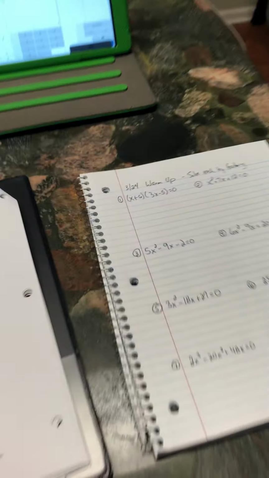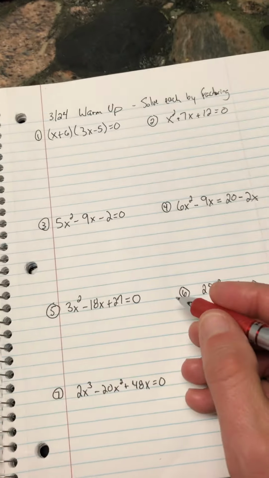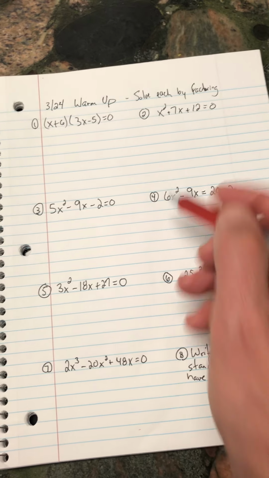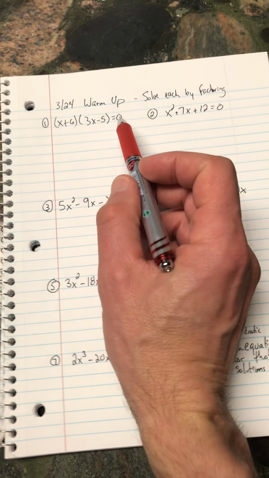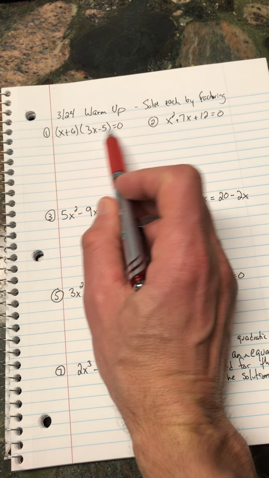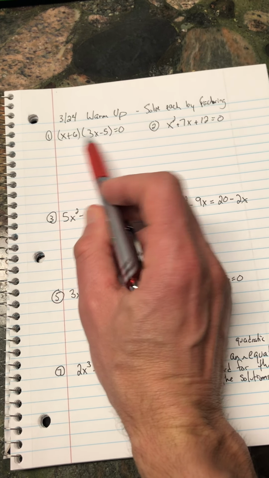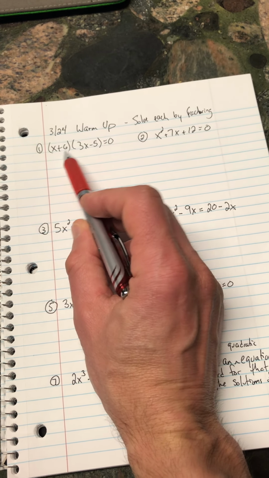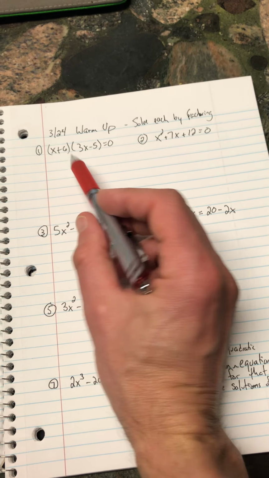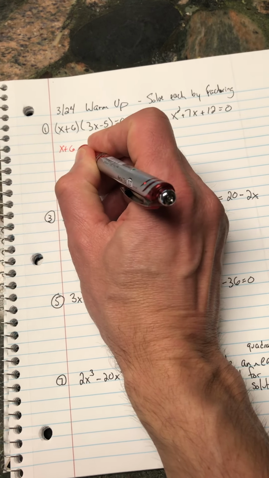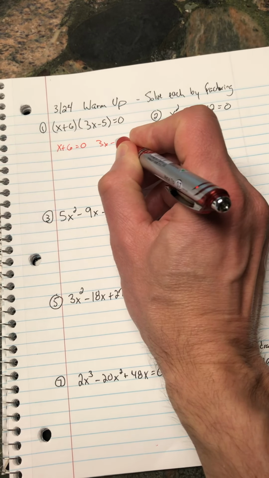Looking at the warm-up today. Yesterday we talked about solving quadratics by factoring. Basically, we got to get this equal to zero. If we get something equal to zero, we can use our zero product property. So the first type of questions they give you in 9-4 is it's already factored. Just set each factor equal to zero and solve.